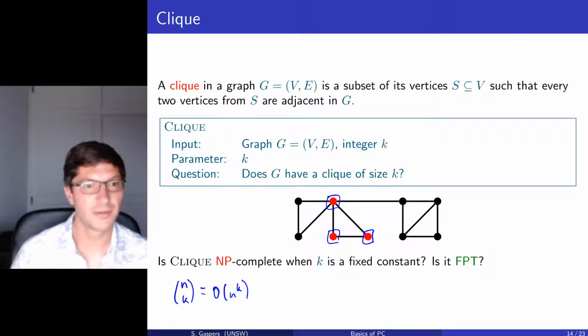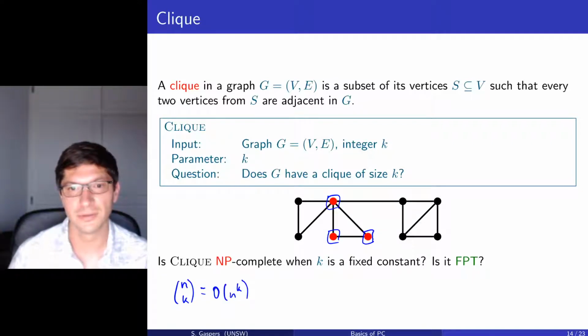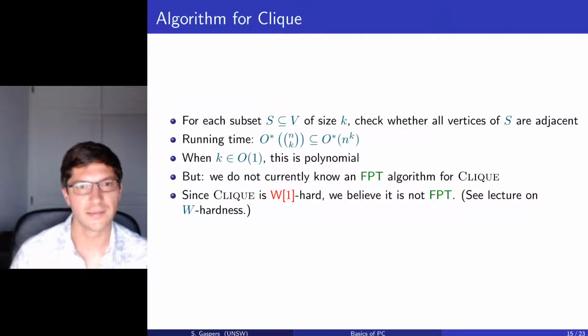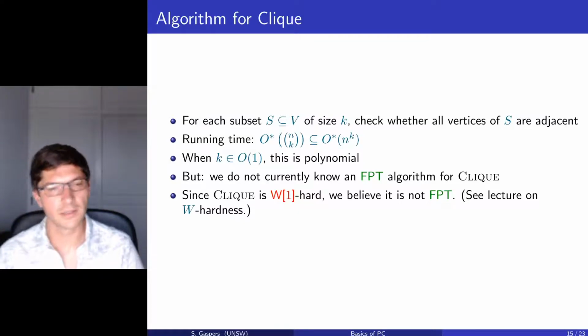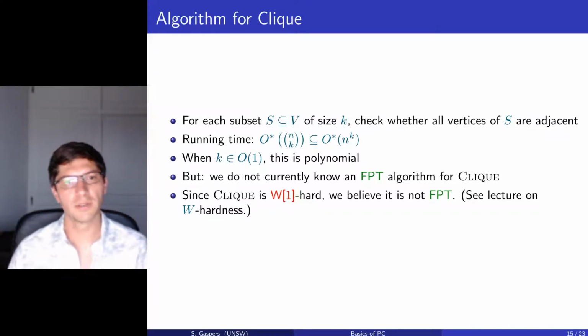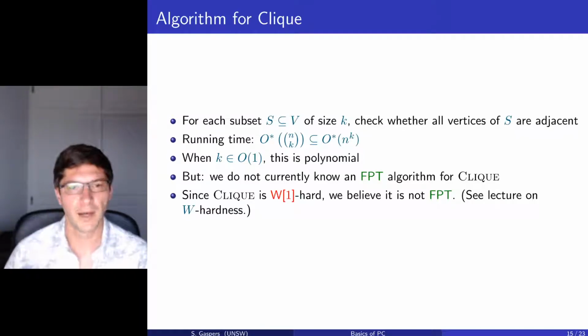Over the years people have tried, and nobody has managed to get an FPT algorithm for clique. So what else is there? We do not currently know an FPT algorithm for clique, but this is where W[1]-hardness comes into play. We will see in the lecture on W[1]-hardness that there are problems that are hard for one of these W classes, the intractability classes in the parameterized world, and therefore we believe that clique is not FPT.